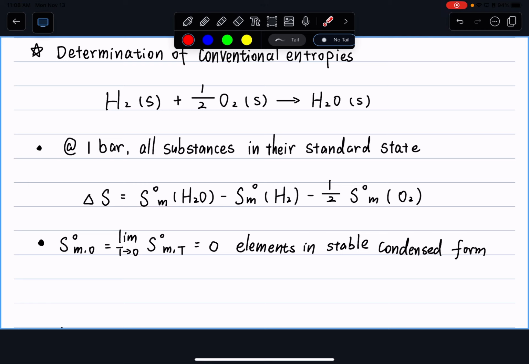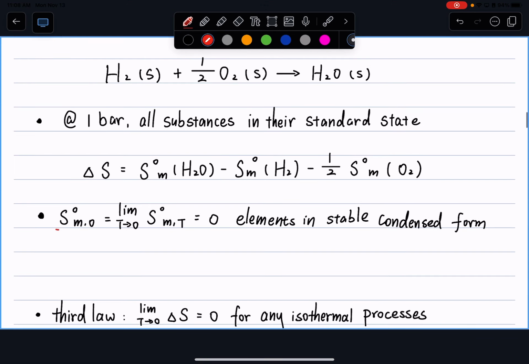And then let's use these two relationships here. First one we have is this relation, right? We're talking about the standard molar entropy of these elements in their stable condensed form equals 0 when your temperature is approaching 0 K. So in this case, my H2 and O2 solid are in their stable condensed form.